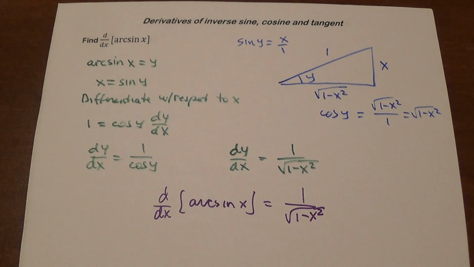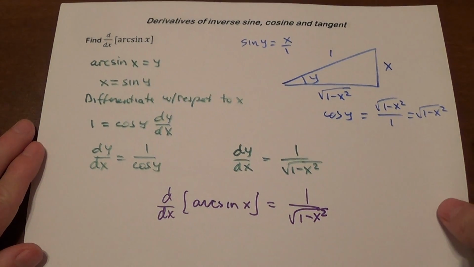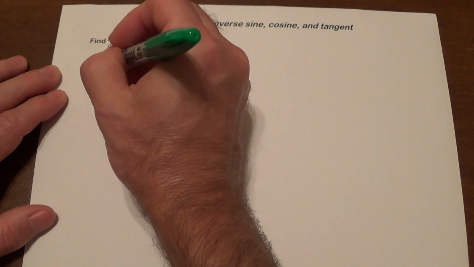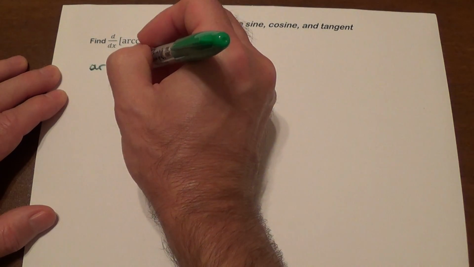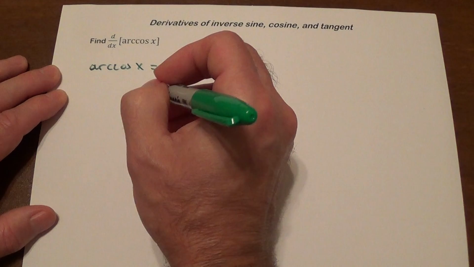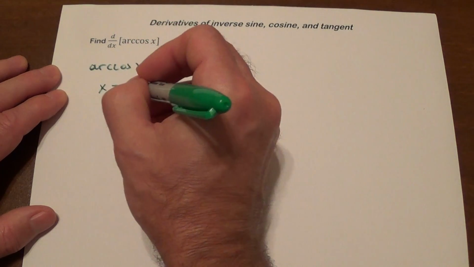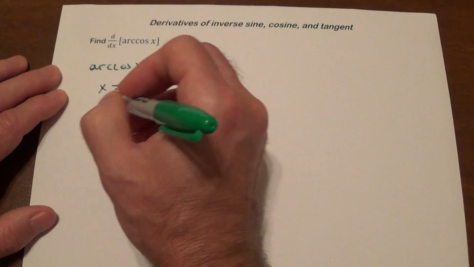Okay. Let's take a look at the derivative of inverse cosine. So for the derivative of inverse cosine, we use exactly the same approach. We're going to say that arccosine x is y. So from here we know that x equals cosine y.